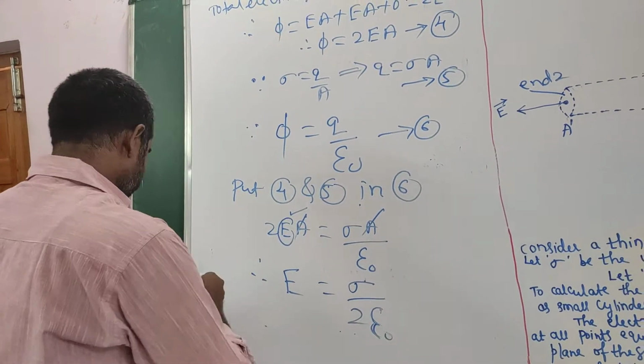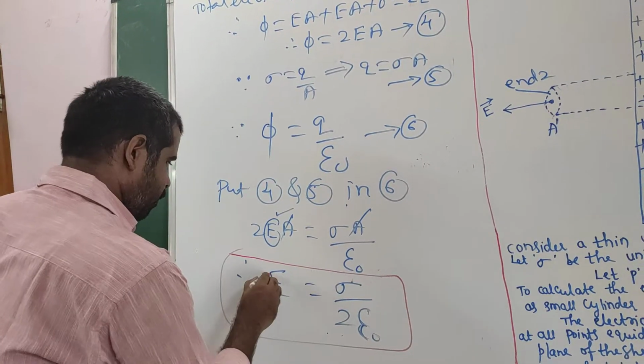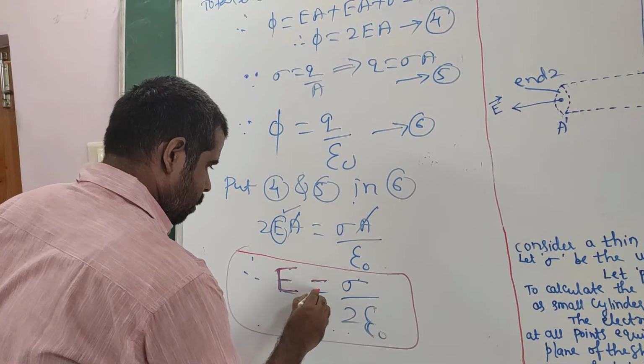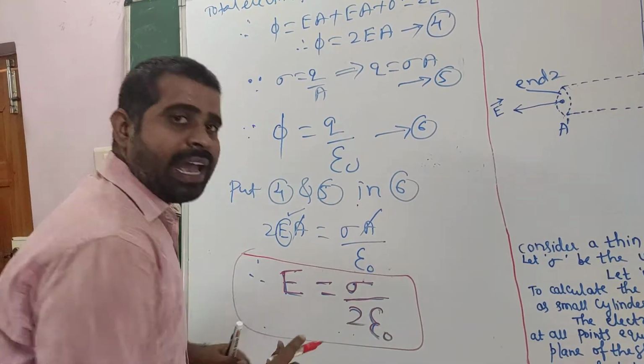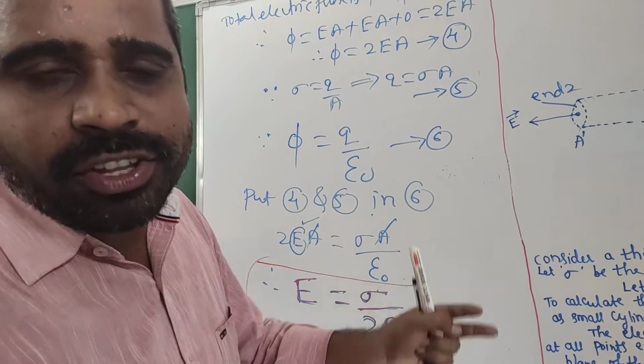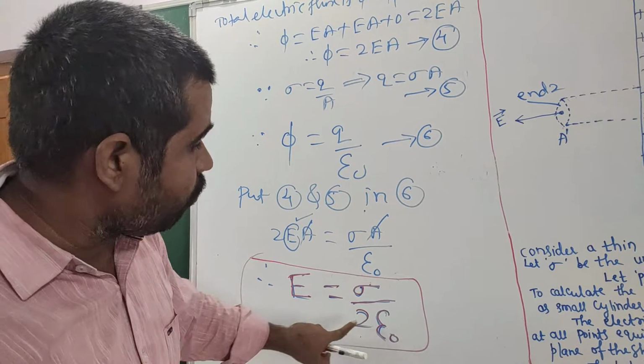This is what we want. This is our result. This is the expression for electric field due to an infinite thin plane sheet.